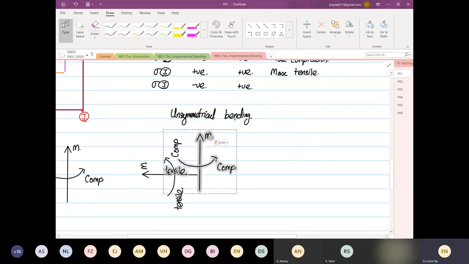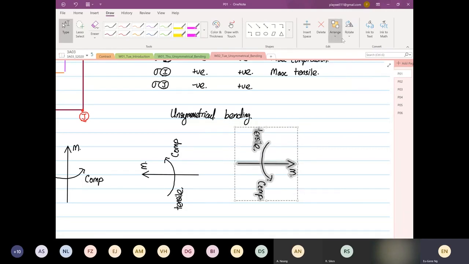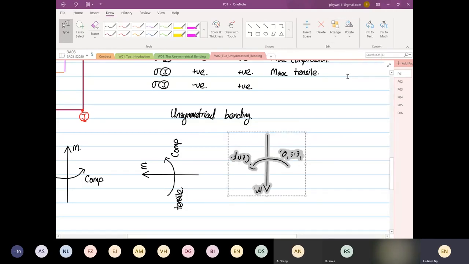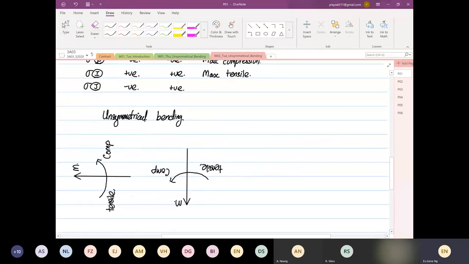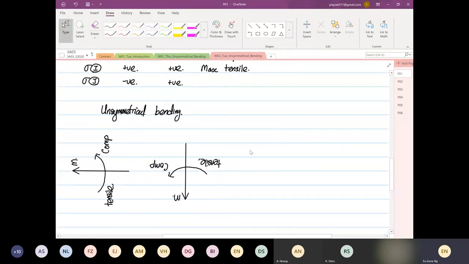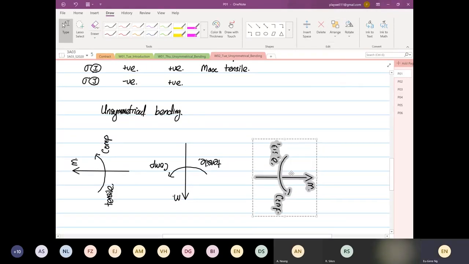You paste, okay, then you rotate. I know you guys think, what the hell is he doing? Is he crazy or what? Okay, so you rotate again. So when the moment arrow is pointing downwards, compression and tension is that way. And then finally, it is done in the other direction. Okay.